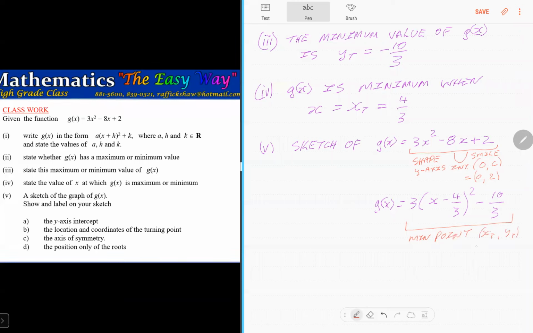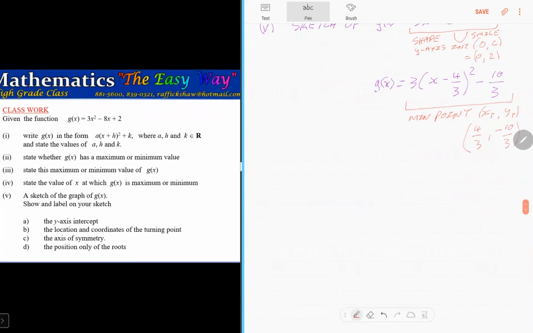And that minimum point is 4/3, negative 10/3. So this is what we need to do, represent that information on the graph. So we have a smile shape graph that turns at 4/3, negative 10/3, and also crosses the y-axis at 2.